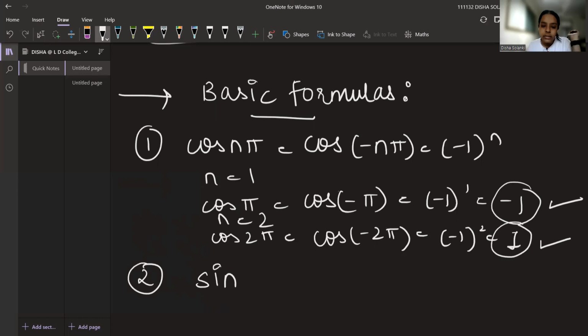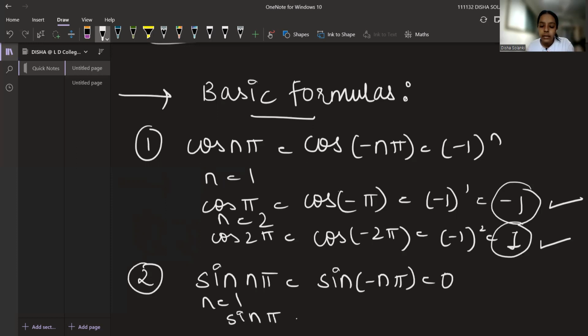Sine n pi equals sine minus n pi equals 0. So no matter what you apply for n, whether it's n equals 1, sine pi, sine minus pi, it equals 0.